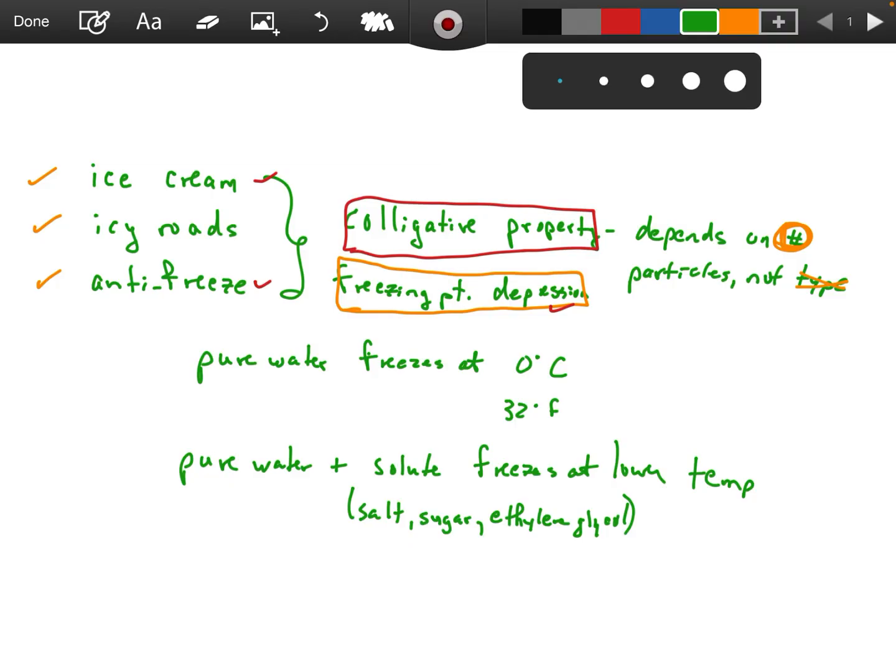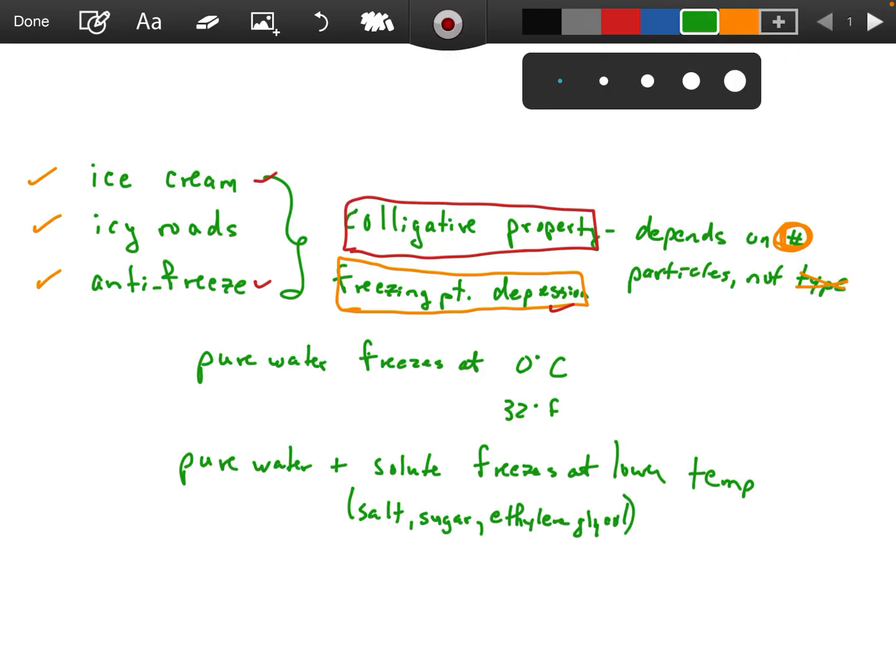So, pure water or any other pure solvent has a freezing point. For instance, pure water freezes at 0 degrees Celsius or 32 degrees Fahrenheit. If you add a solute to it, the solute can be a solid, it can be a liquid, it can even be a gas.